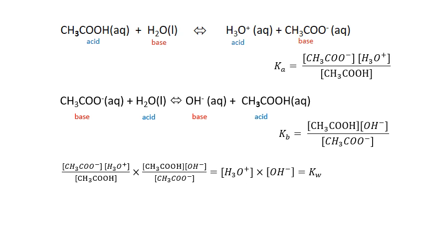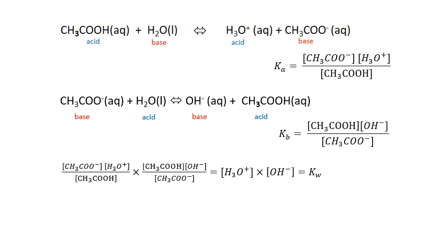Here's the Kb, I'm sorry, that's the Ka, isn't it? Here's the Ka multiplied by the Kb. And you notice the first one's got acetate in the numerator and the other's got acetate in the denominator. The first one's got acetic acid in the denominator and the other one's got acetic acid in the numerator.